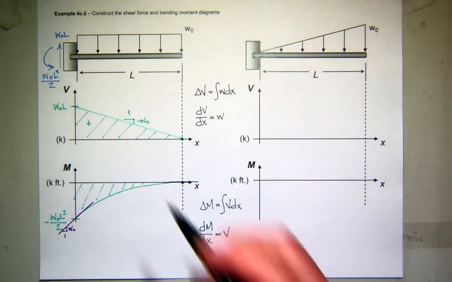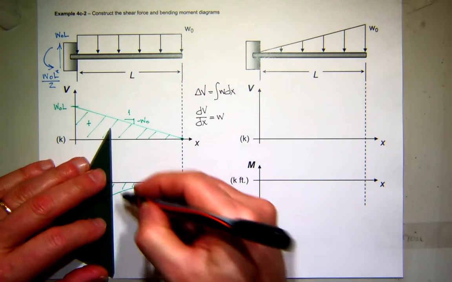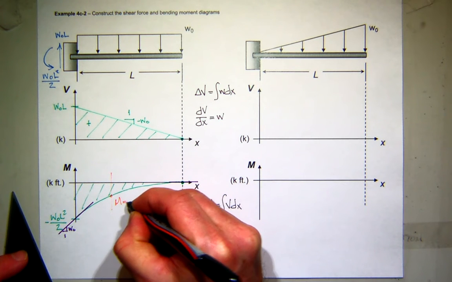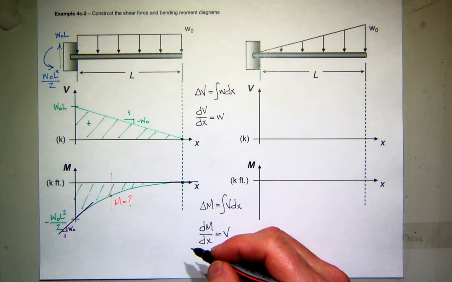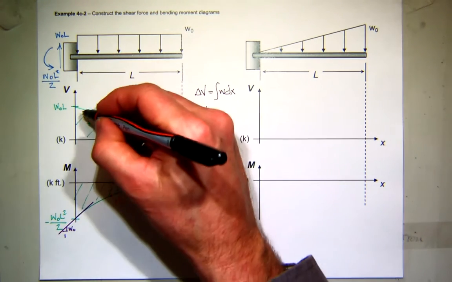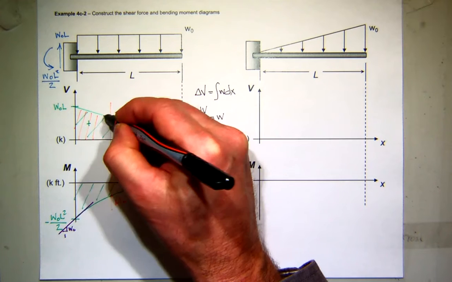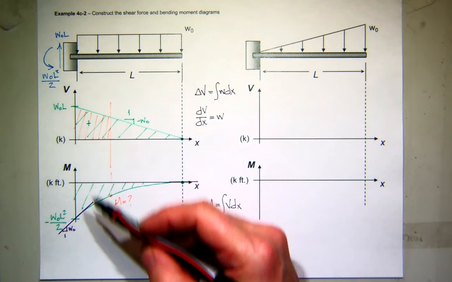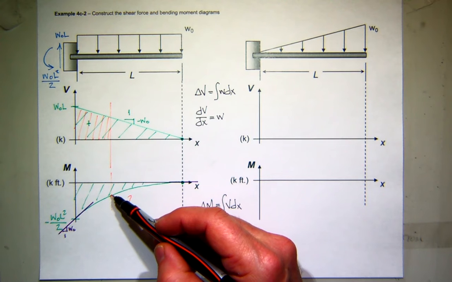If you're really interested in the moment, say right here, what is the moment? What would you do? You'd have to come up here and find the area under this part of the curve, right? This trapezoidal area, and add that to this thing, and you would get that value.